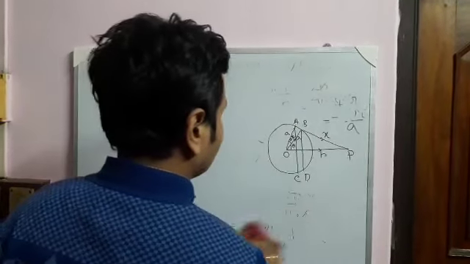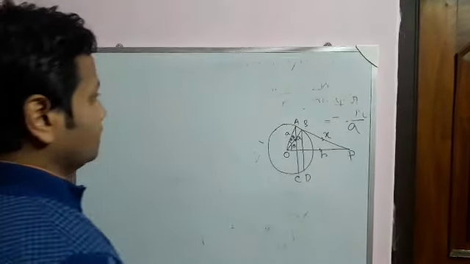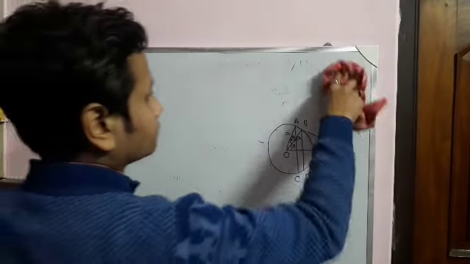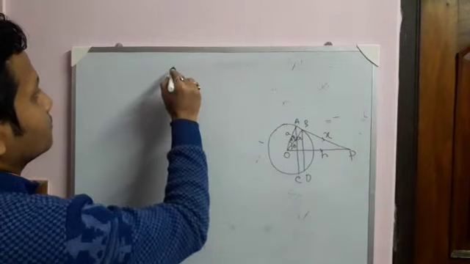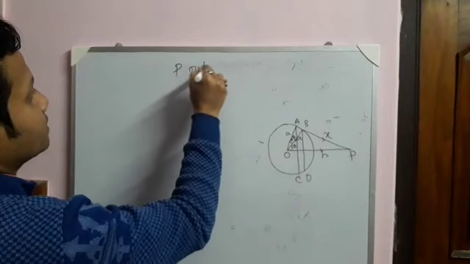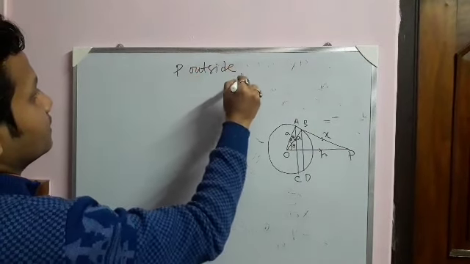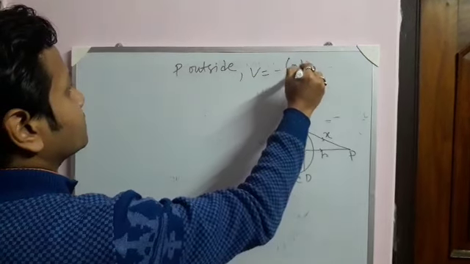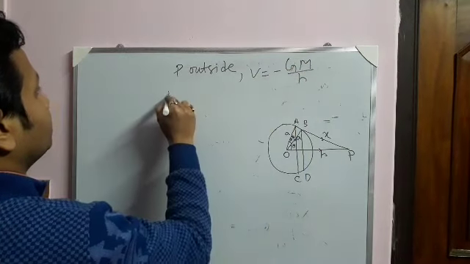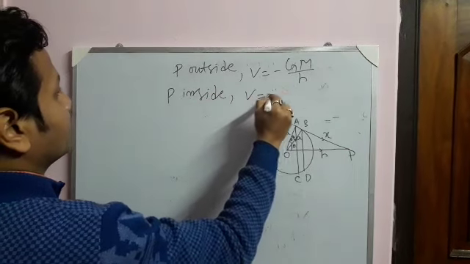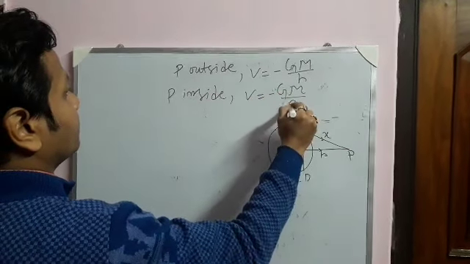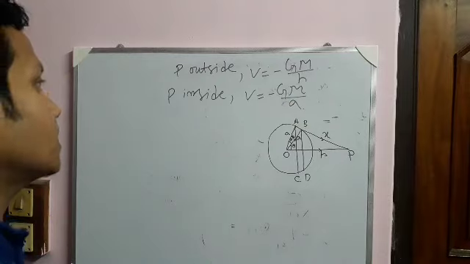That we also derived in case of a shell. If the point P is outside, then the potential is minus GM by r. But if the point P is inside, V is minus GM by a, where capital M is the mass of the shell.